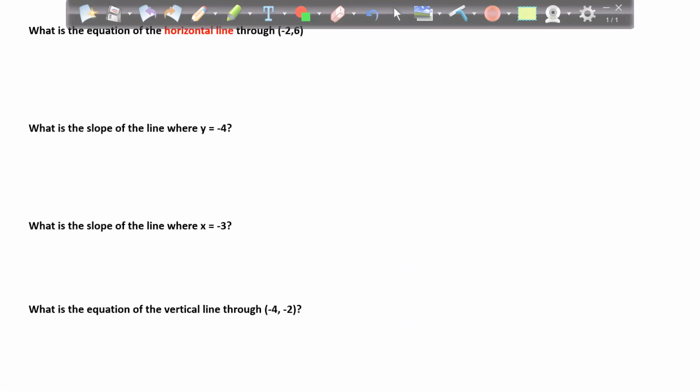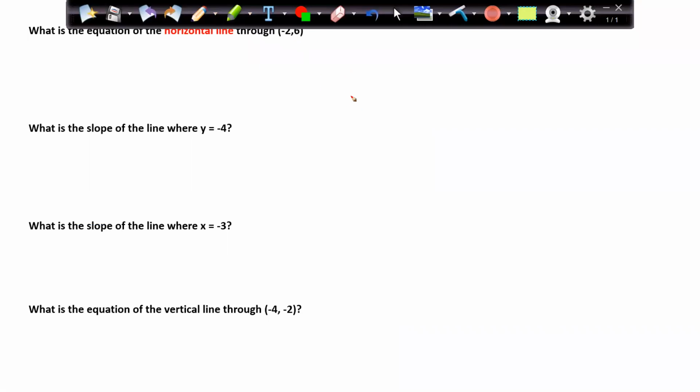Now let's try to solve this equation so that our understanding will be much clearer. What is the equation of the horizontal line -2, 6? Horizontal line -2, 6. What is horizontal?